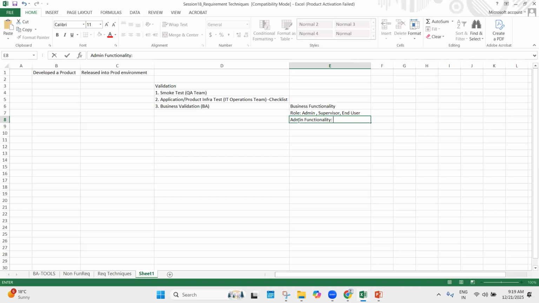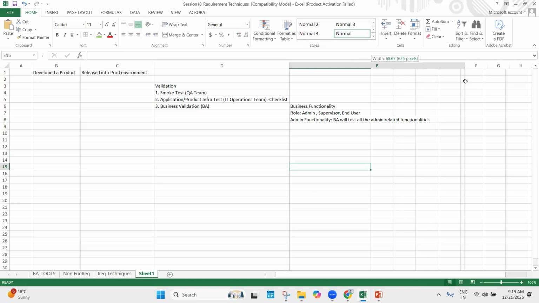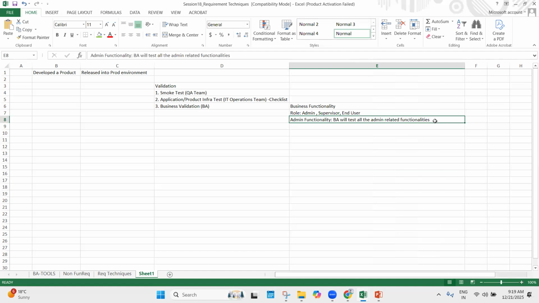So here the BA will test all the admin related functionalities. Test in the sense that he will not enter any data. He will just see as a user, if you logged into the application with the admin permissions, what the different features or screens are that he can see.